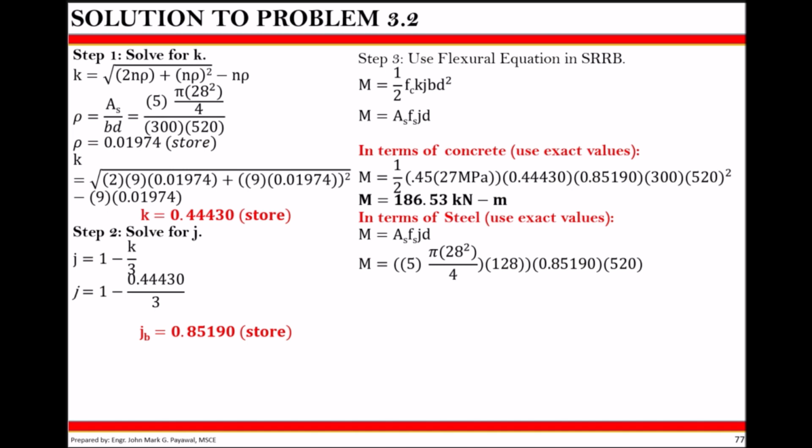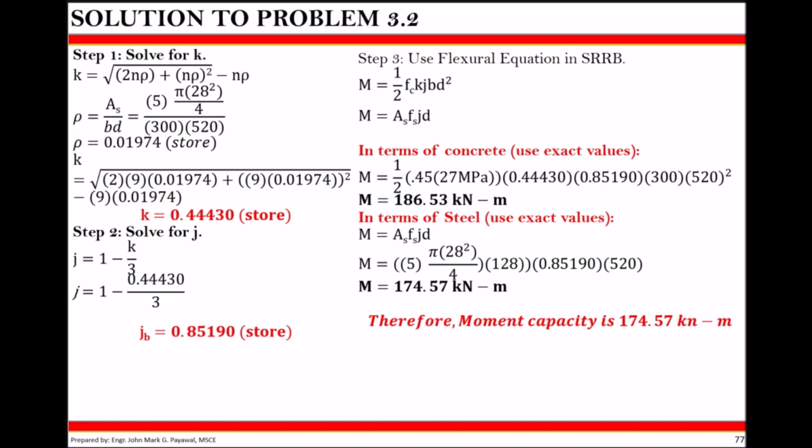Multiplying them all together will result in M equal to 174.57. So under a normal condition, your moment capacity would be 173.54. It's greater actually by not more than 1.2 kilonewton meter from 3.1.